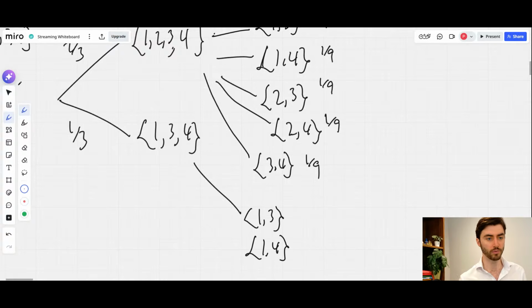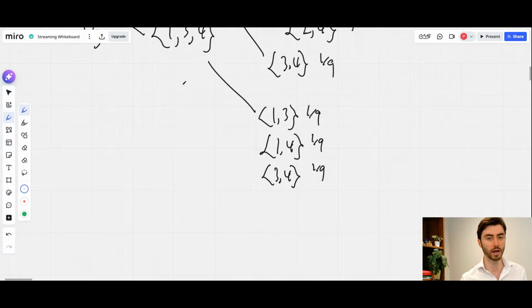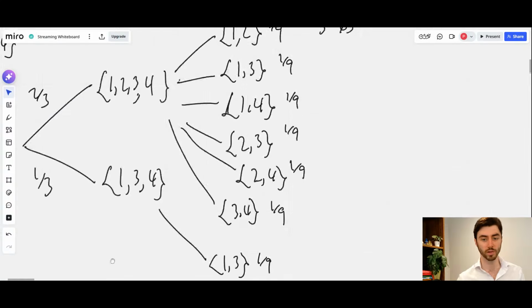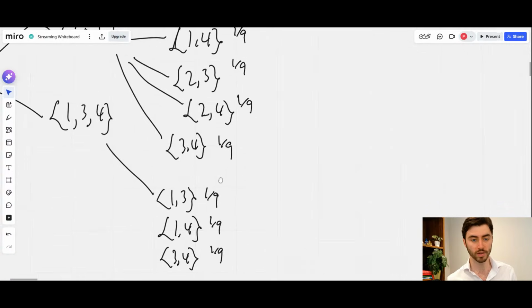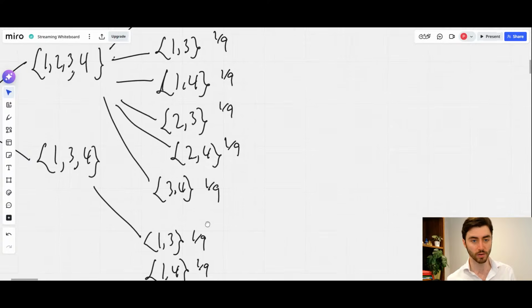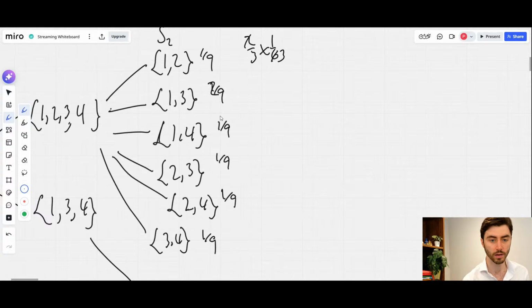I could get a 3, 4, all with equal probabilities, which would also be a ninth. Some of these are equal to each other as well. So the 1, 3, 1, 4, and 3, 4 are repeated. In total, if I consolidate those, 1, 3, 1, 4, 3, 4 would both become 2. Okay, so this is the full probability distribution for what S2 is allowed to be.